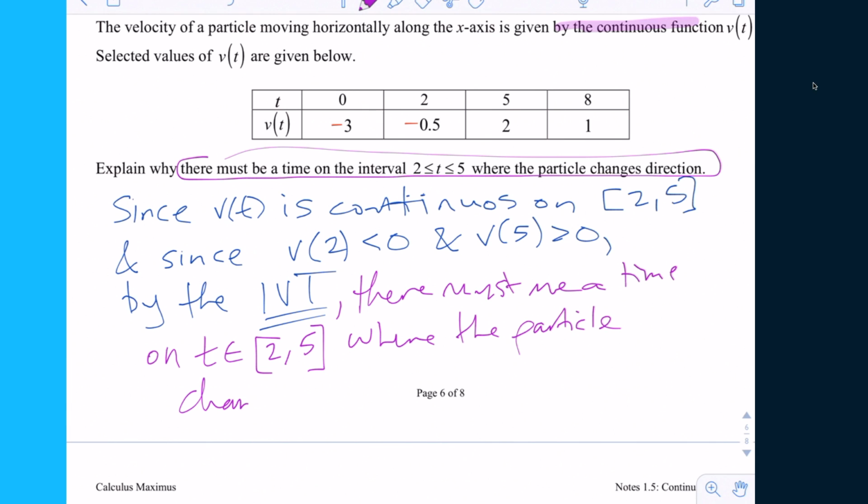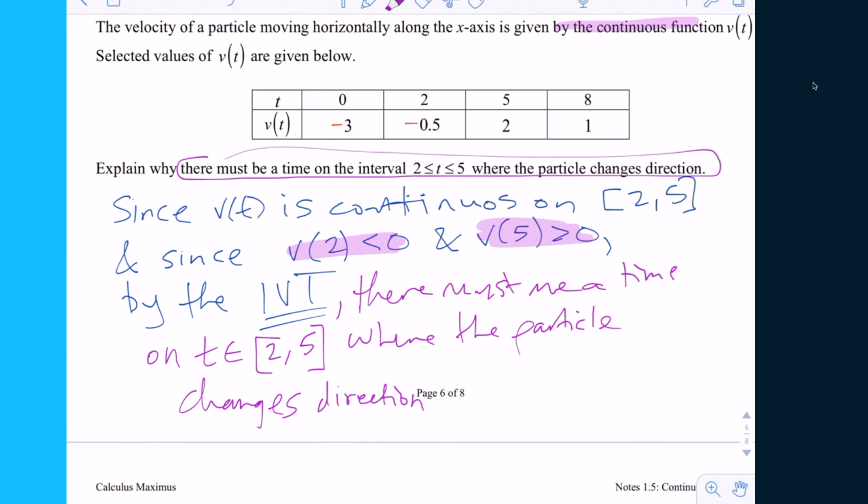So this is going to be pretty similar with the other two IVTs that we end up talking about. You're going to give your evidence, and then you're going to basically restate what they're asking you to do, which is what I wrote in purple. The important parts of the IVT are basically to show what the y value of one side is and what the y value of the other side is, and then show that the y value that you're looking for is in between there.